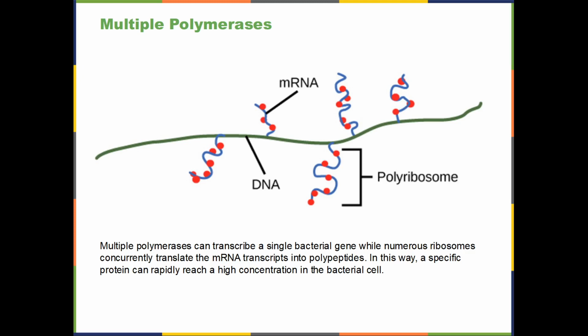As we see on this cartoon, we're seeing multiple examples of RNA being transcribed on a single strand of DNA, and then on top of that, we see multiple ribosomes translating that mRNA into proteins. That drastically increases the amount of protein that can be generated from a single strand of DNA.